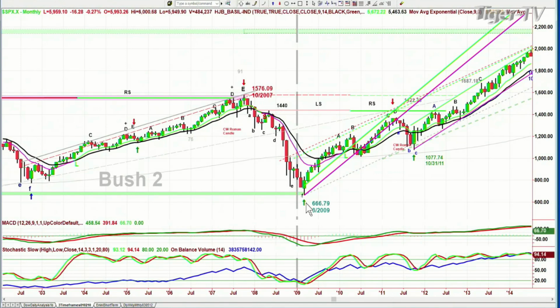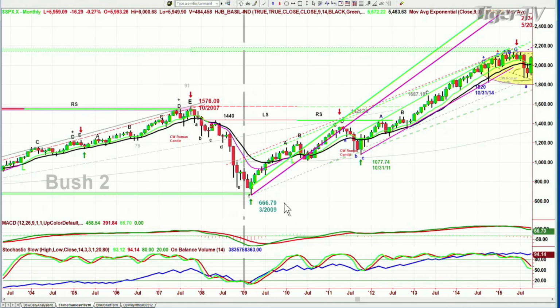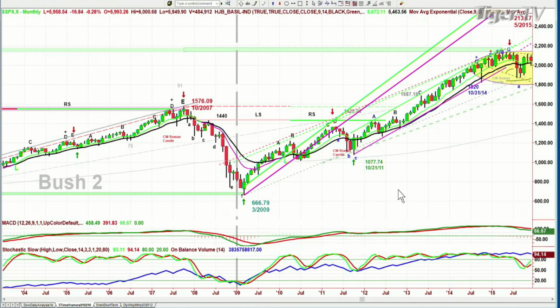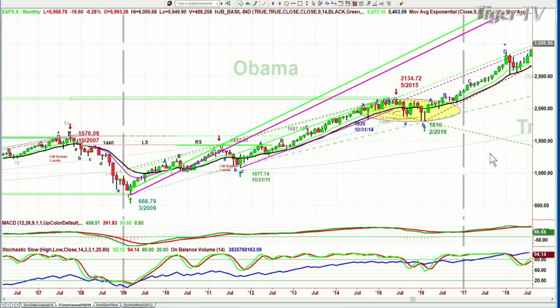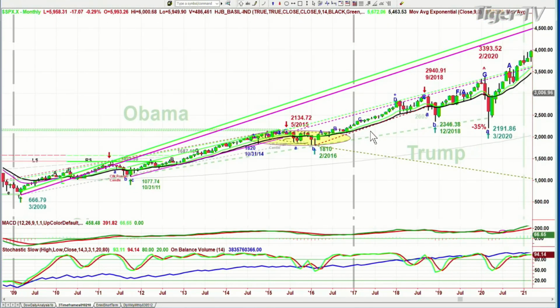But look at this. Obama, 666.79, March of 2009, goes all the way to the 2134 level, May of 2015, pulls back, then has another rally going into the crossover where Obama hands it over to Trump. Trump takes it over right there.